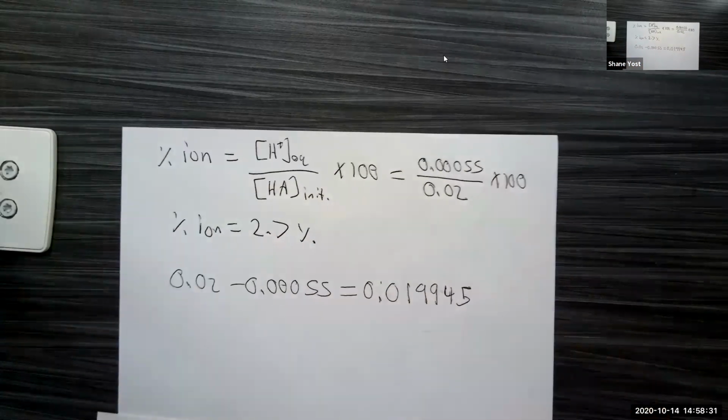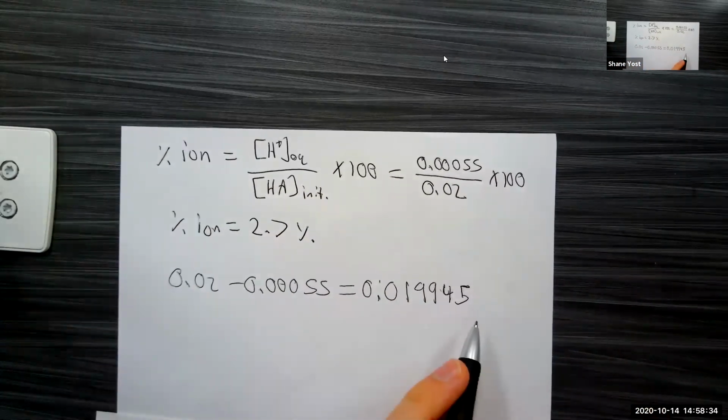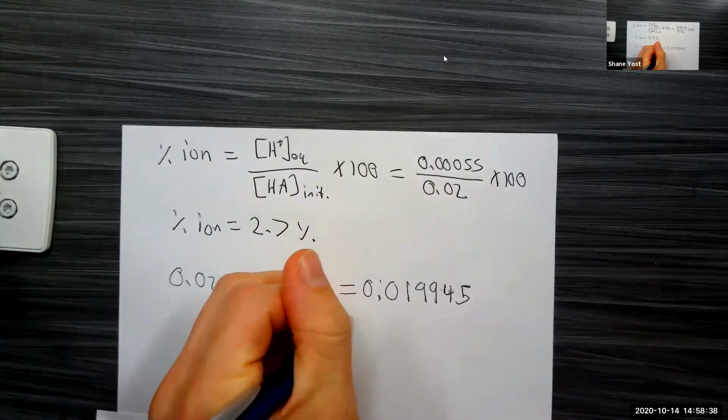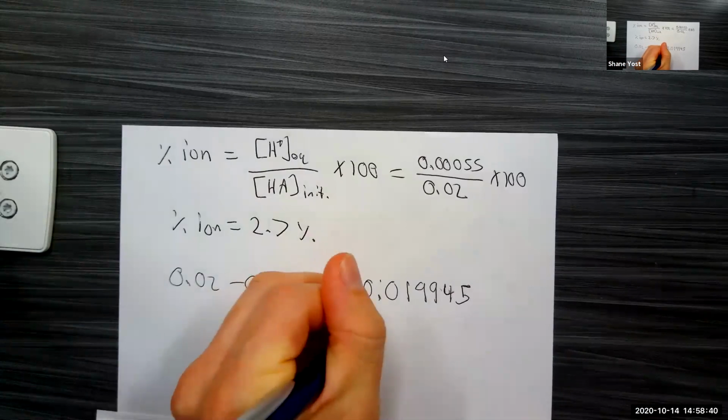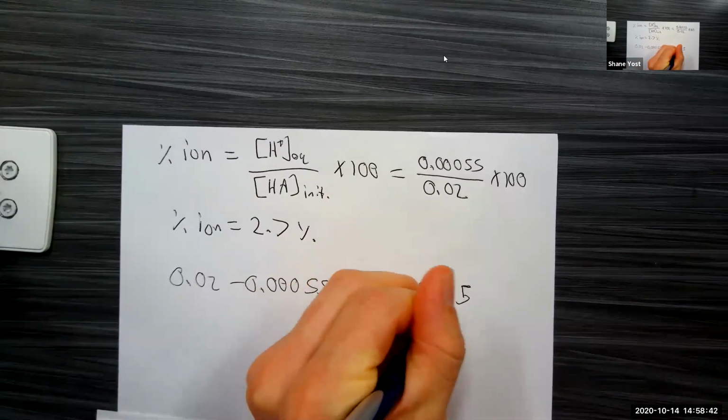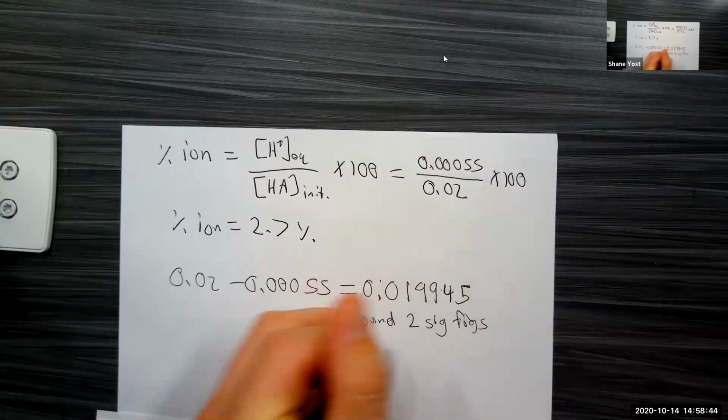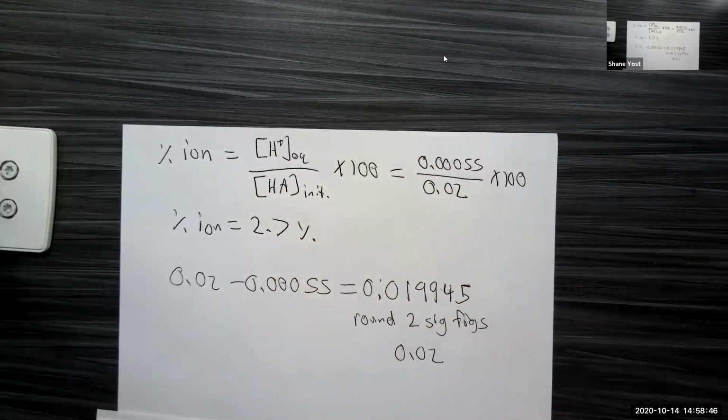Okay, that's what that difference is. Well, if I round this to two significant digits, round it to sig figs, this is 0.02.